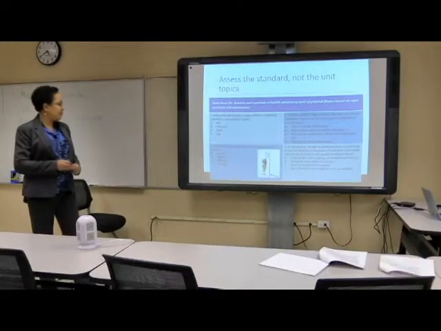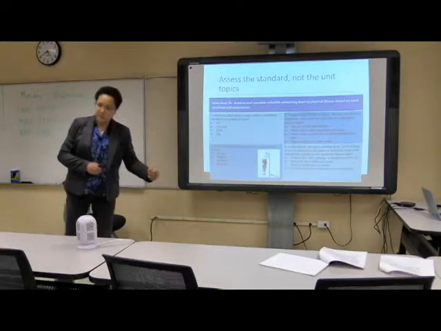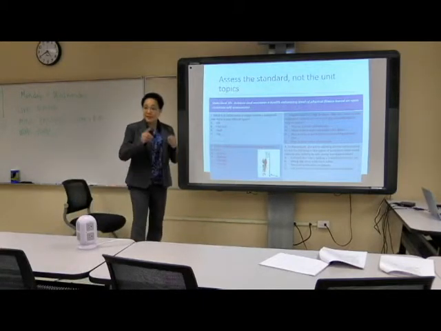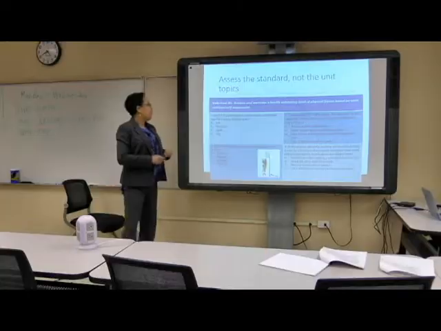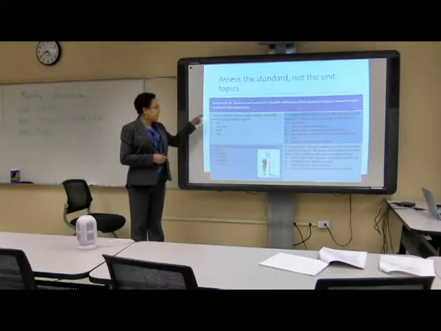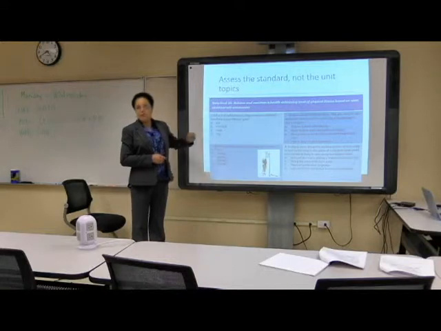That's a good standard. We should all want to achieve and maintain a health-enhancing level of physical fitness. Thank you for walking those stairs. Look at number 1. What is it called when a player makes a volleyball save from a very difficult spike? Does that question address the standard?